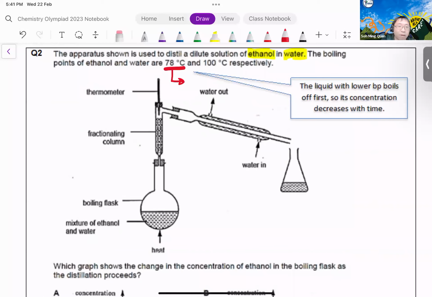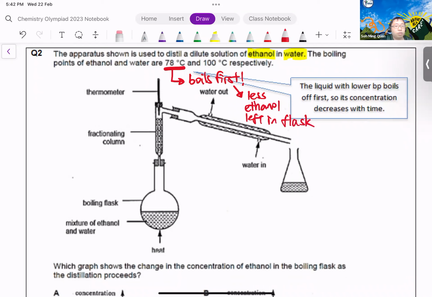So just now, water boiled first. In this question too, ethanol boils first, because ethanol has a lower boiling point. And as a result, because it boils off first, there's less ethanol left in the flask.